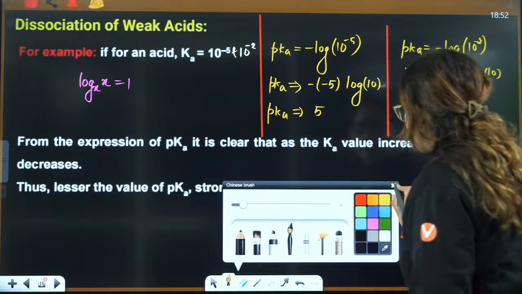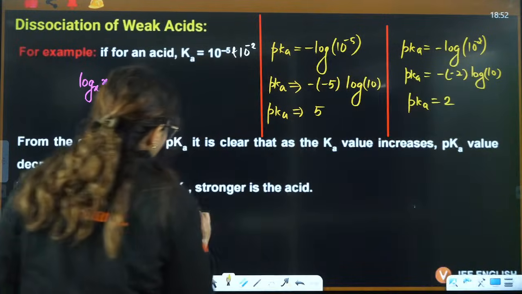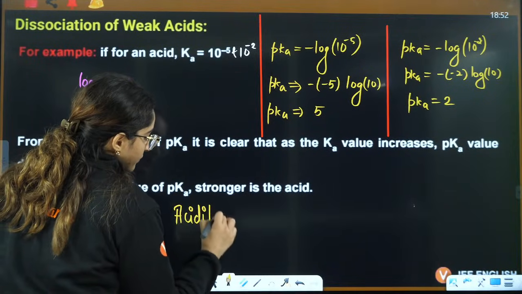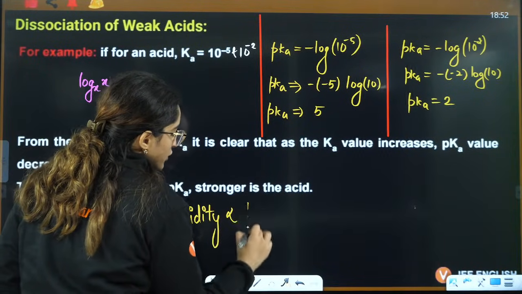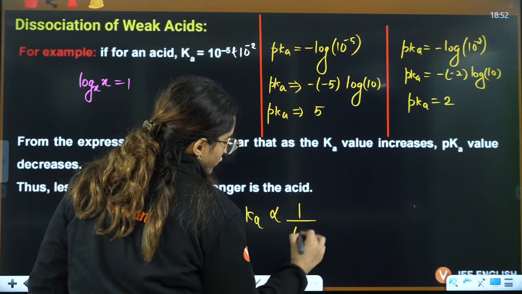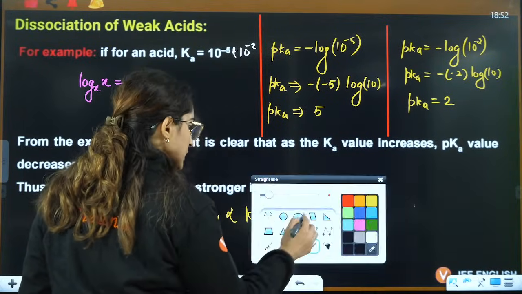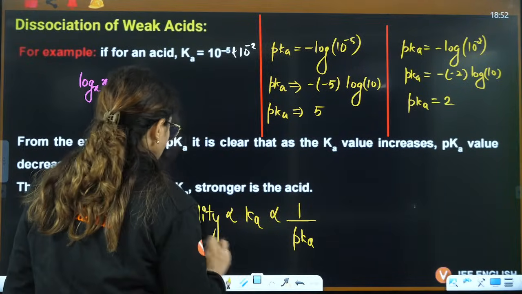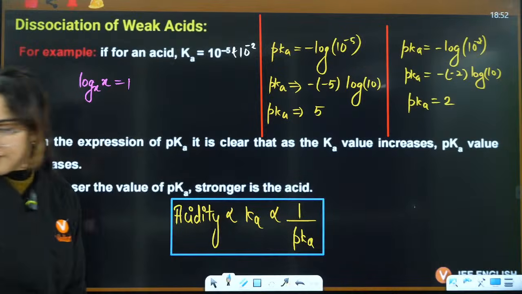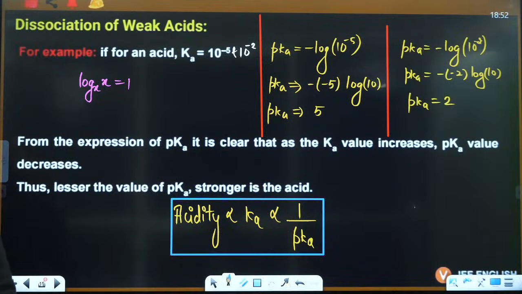The one that I have told you, that you can write here, that acidity is directly proportional to Ka and it is inversely proportional to pK. Okay, understood? Tell me, students, if that is clear.